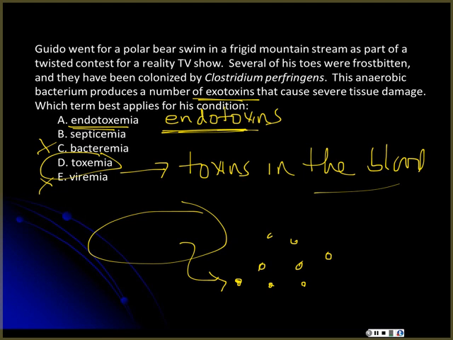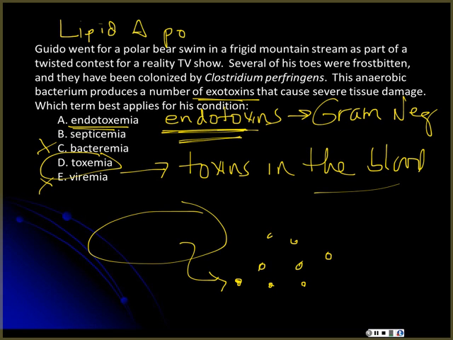They're in your outer membrane. They're gram-negative. Endotoxin is the lipid A portion of LPS, of your lipopolysaccharides. And you have those in the outer membranes of your gram-negative bacteria.